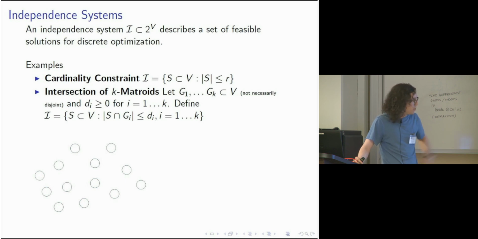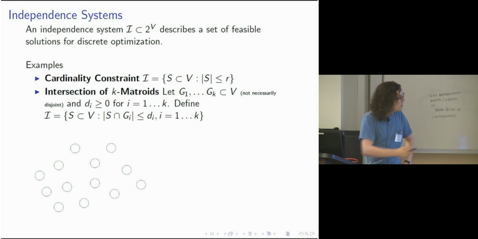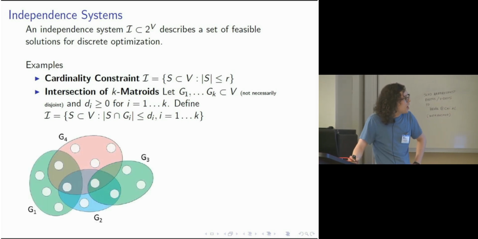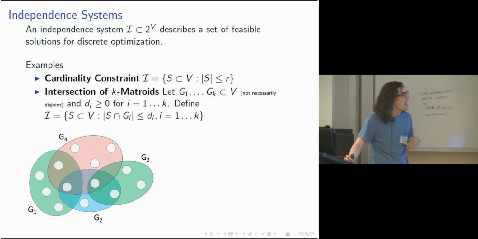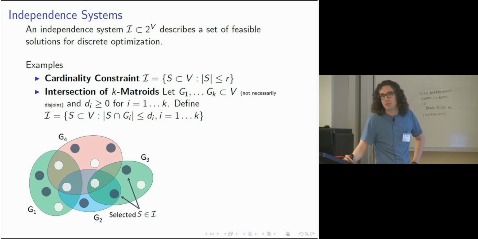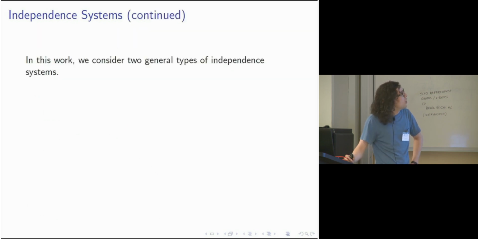Suppose I have my ground set V here, and I have groups. Each point can belong to one or many groups, and for each group, I have a limit on how many points I can pick from that group. So here, if my limit is 2, this could be a feasible set, or this could be a feasible set as well. So now let's go ahead and define what these independence systems are.